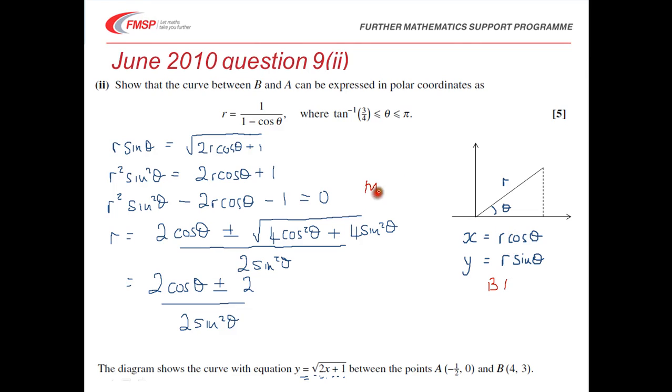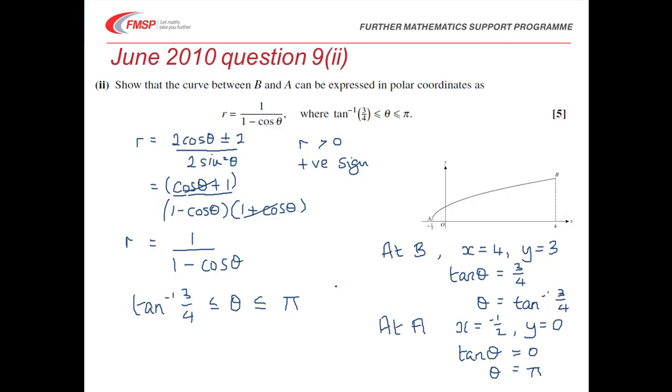We got a method mark for substituting in and getting a quadratic, an accuracy mark here for rearranging it in this form, and also another accuracy mark here for seeing that you could rewrite the denominator as 1 minus cos squared theta, and factorising it, simplifying it here. So another mark there, and then you got a B mark for showing your limits correctly. So 5 marks for that question.